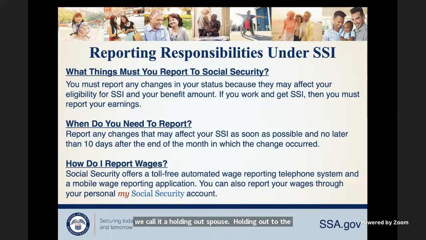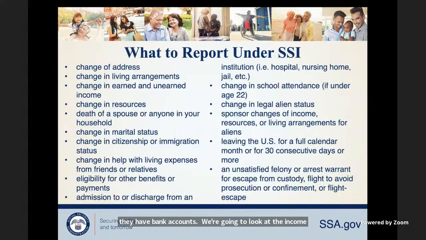They've been living together for 10 years, but they didn't get married, but they have cars together and bank accounts. We're going to look at the income of both people. We also need to know if they split up, because then we don't count the income of the significant other. Changes are very important, because if somebody doesn't let us know, they're receiving SSI, it does land up in overpayments.